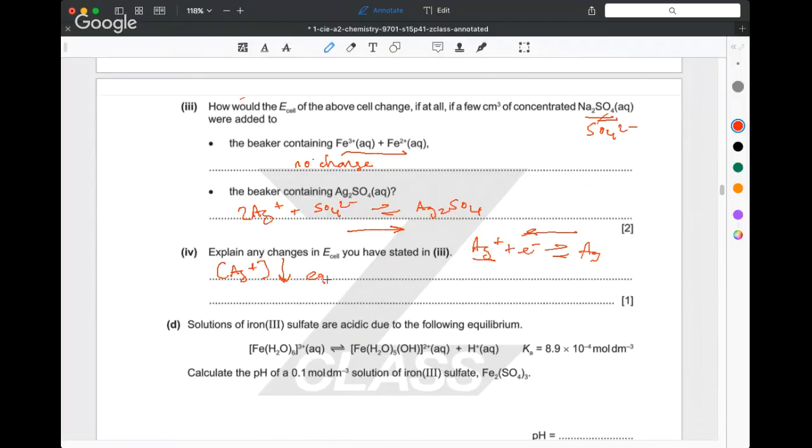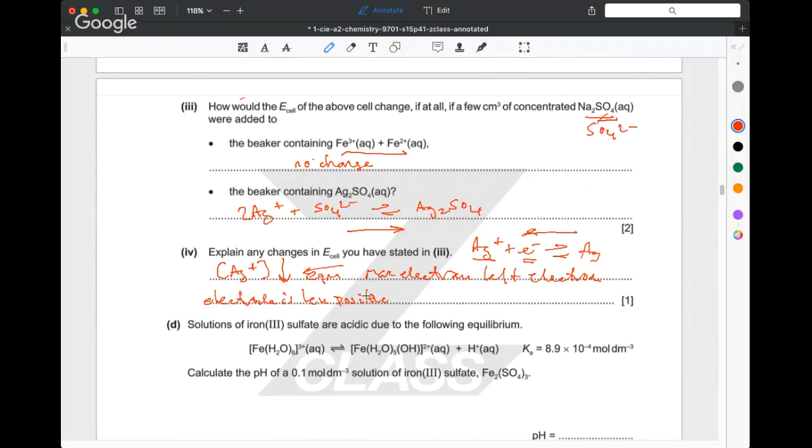And that means that more electrons are left on the electrode. You can see if we shift this equilibrium to the left, there's more electrons. If there's more electrons left on the electrode, it is less positive because there's more electrons on there.